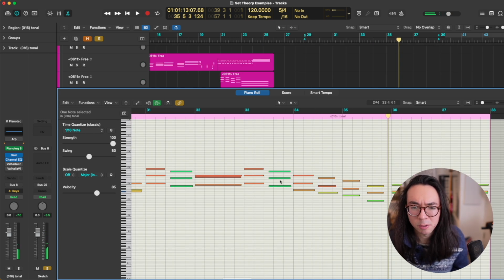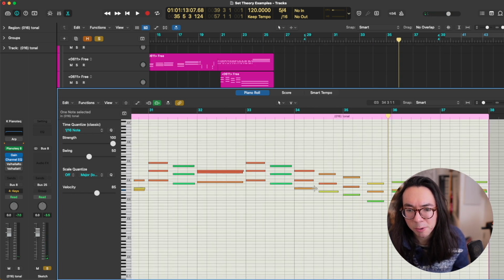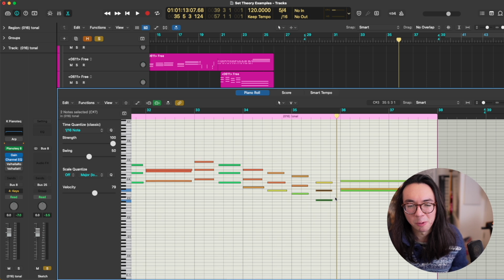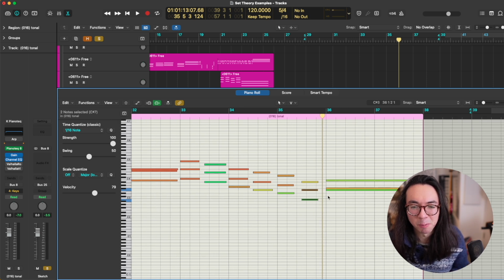So I think these are a bit of planing, but I think also I'm mixing the voicings a bit. Here we've got the tritone there, but here we've got the fourth at the bottom rather than the tritone. So it's hard to say how conscious I was of that at the time, but anyway, there's some variety in that line.